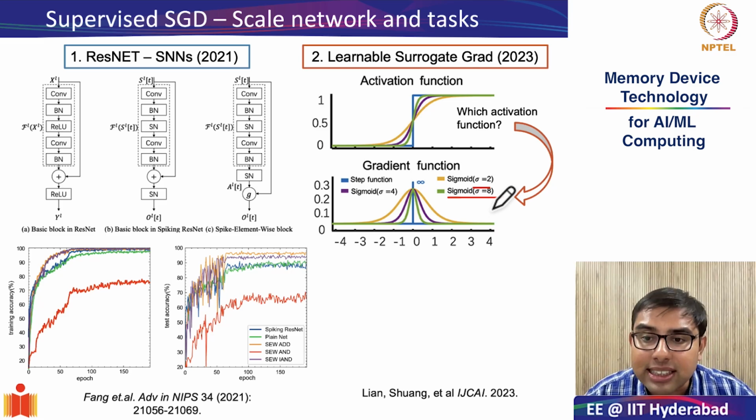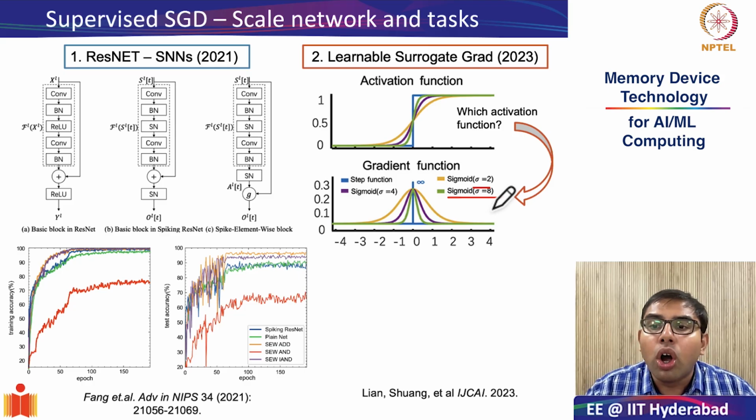for all the layers. So what they introduced is the dynamic adjustment of how sharp or smooth the surrogate gradient function behaves. This dynamic adjustment preserves the gradient flow through deep neural networks and reduces the errors.